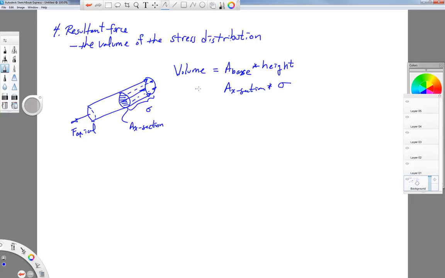And if you notice, this resultant force is just rearranging the formula. Sigma is equal to force over the area of the cross-section. Now, rearranging this formula works if you have a uniform stress distribution.